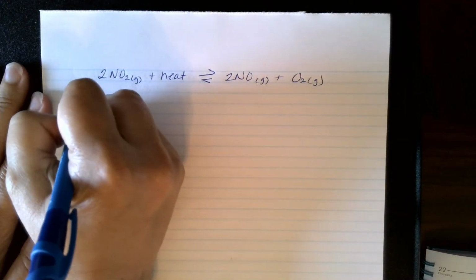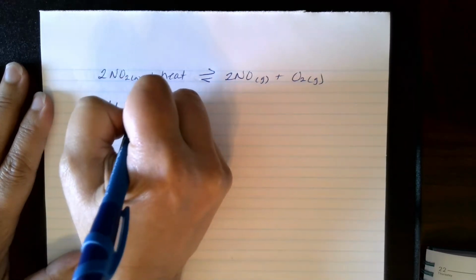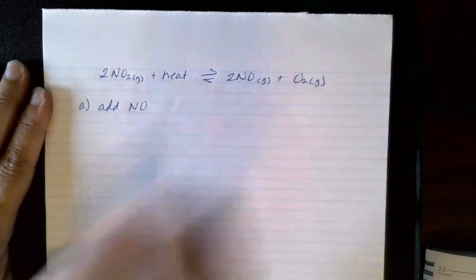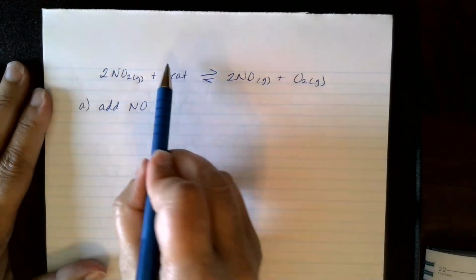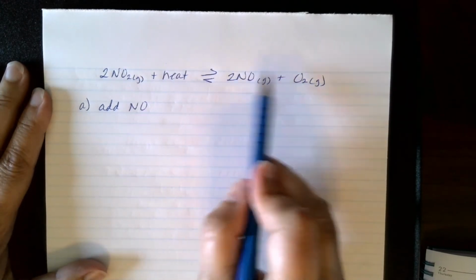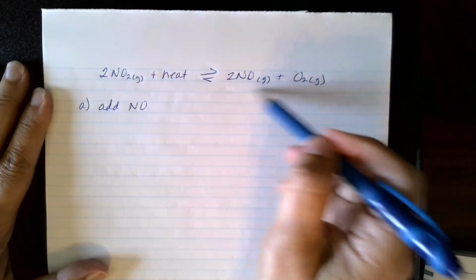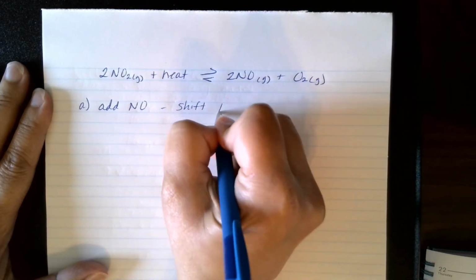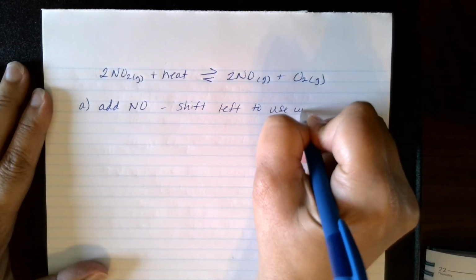Okay, so first, let's add some NO. Alright, so if I add NO, the reaction says, nope, I don't want it. I need to get rid of the NO. Okay, so if I go to the right, I'm making more of this stuff, and I don't want to make more. If I go left, I'm going to use up this stuff. So shift left in order to use up the NO.